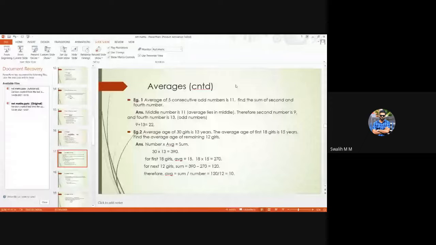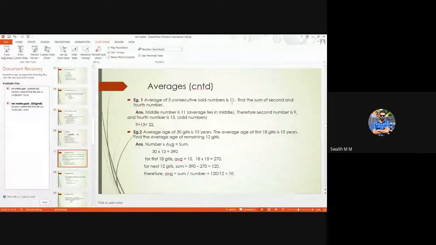So it is given 5 consecutive odd numbers. If you take 5 numbers like that, the average would be in the middle. That means the third one. The middle of the 5 numbers is the third one. So the third one is 11. Remember, the average always lies in the middle. So the middle number is 11.